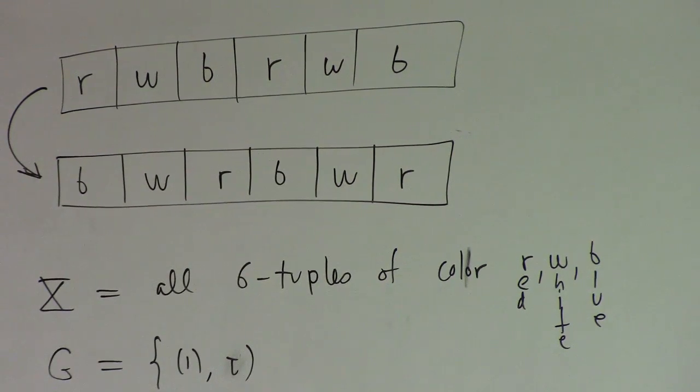So f of 1 is just 3 to the 6th. But on the other hand, f of tau, he argues, is 3 to the 3rd, because, well, I'll let you read the details here, but basically he argues that the number of such flags is 378, and it's just from using this formula here.